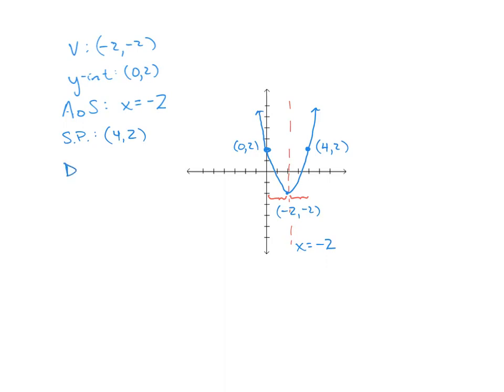Our domain, again, since this is a quadratic or a polynomial function, this is going to be -infinity to infinity. Our range, since this goes up, we're going to start with our y-coordinate of our vertex, -2, and we are going up to +infinity.